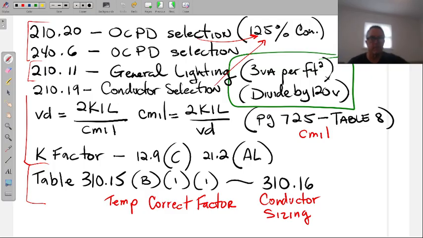Laundry circuit, I need 1 of them, 20 amps. Bathroom, etc. But for our general purpose receptacles, or what they call general lighting, that's why I have it written as general lighting. Since it is a general light situation, they don't know what's going to be going in there, so they give us a wattage per square foot, or a VA per square foot.